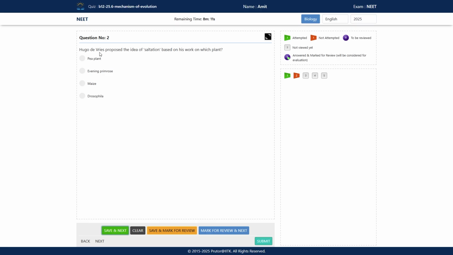Next one, Hugo de Vries proposed the idea of saltation based on his work on which plant? Okay, so Hugo de Vries gave the concept of saltation. So he was working on which plant? So options are pea plant, evening primrose, maize, or Drosophila.